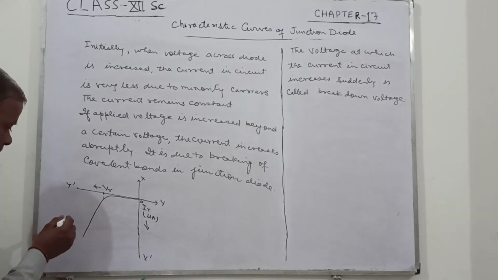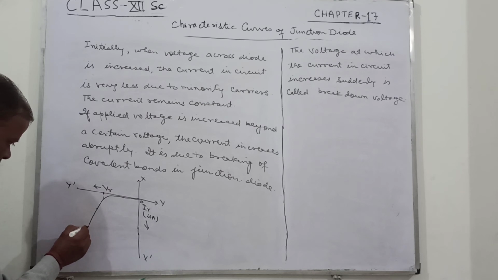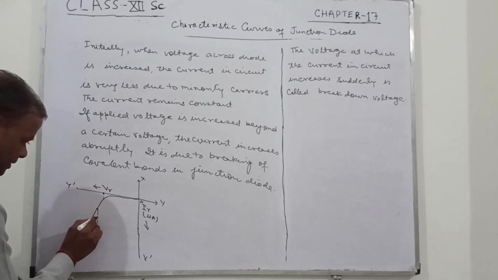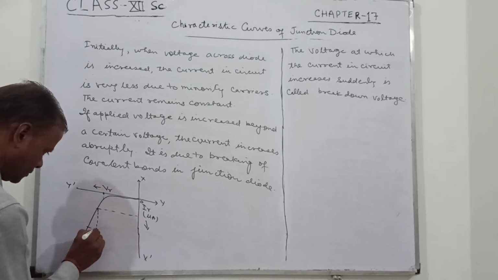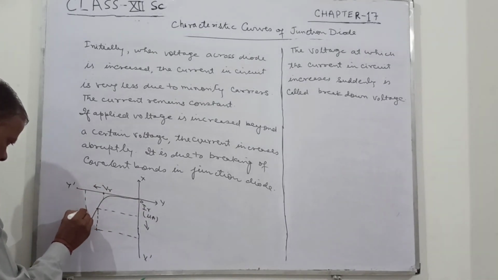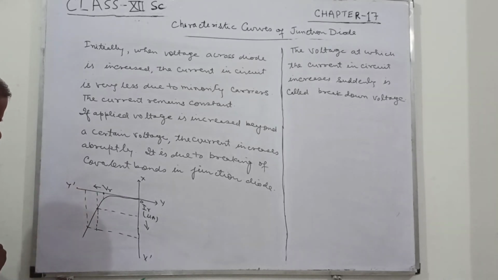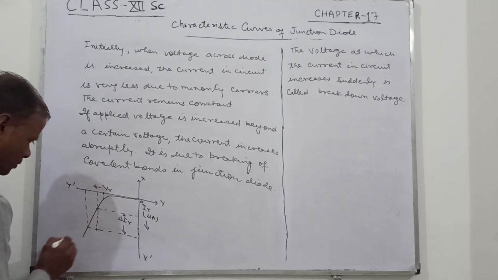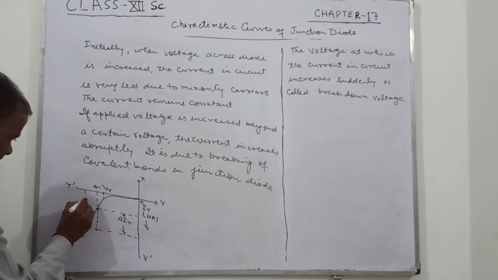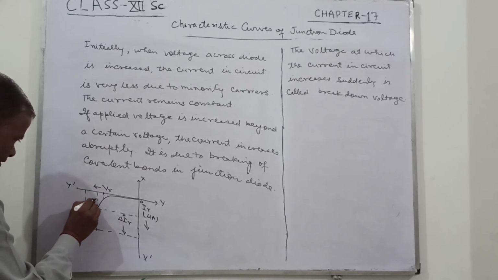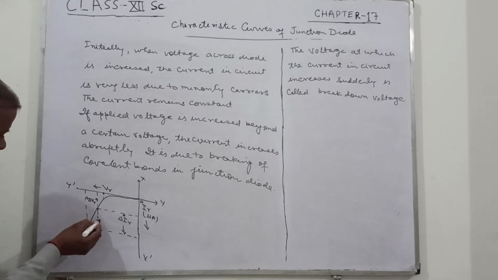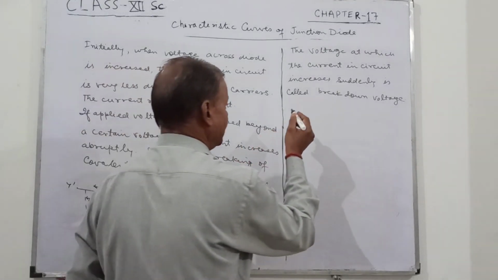So here if we take the 2 points, and make a triangle, then this will be called delta IR, and this is called the delta VR, and that you can find the dynamic resistance.